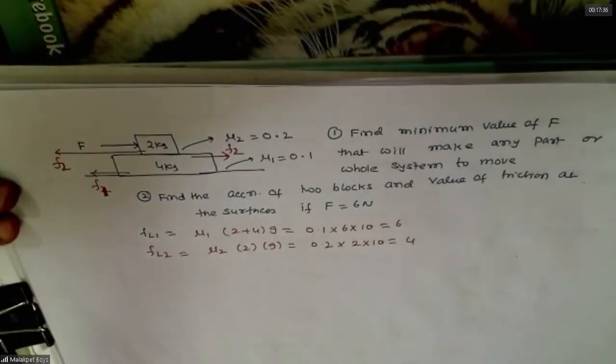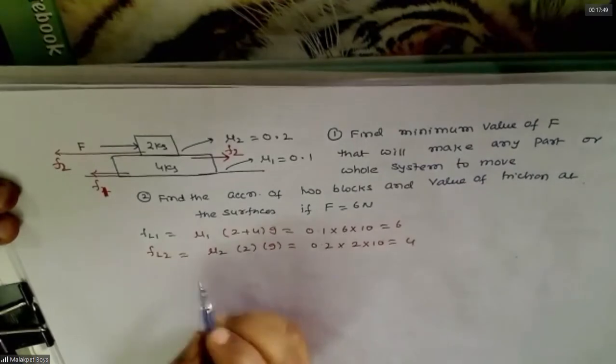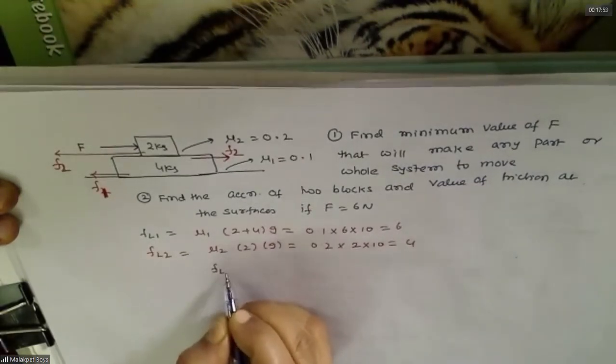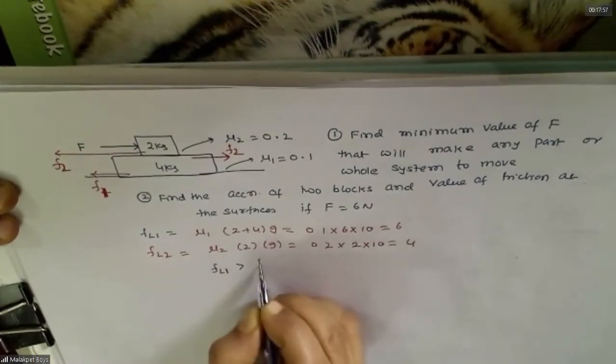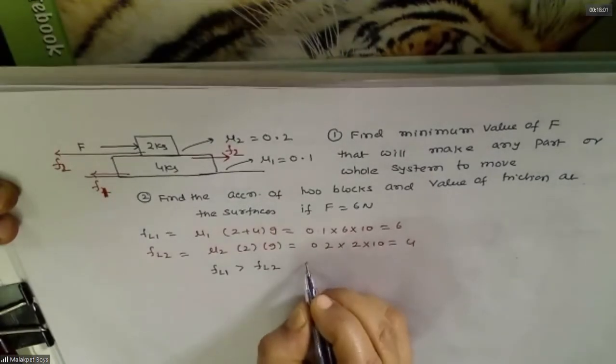Understood this? Understood, sir. Clear or not? Now you can see which is more. You can observe FL2. Yes, sir. Now you can see, that means can the 4 kg block move?